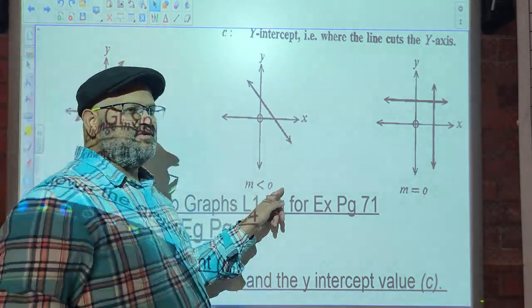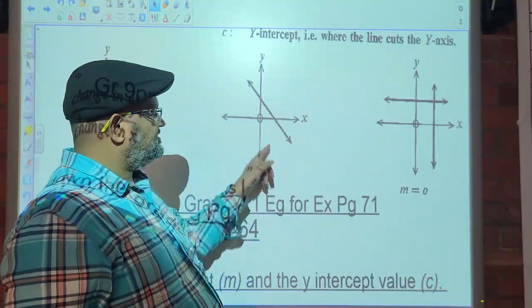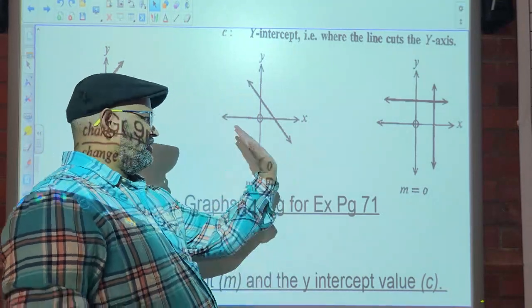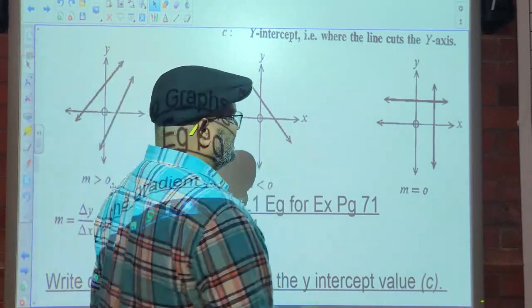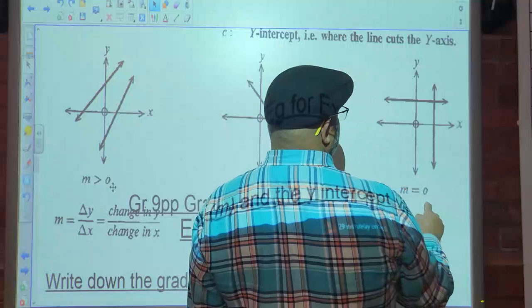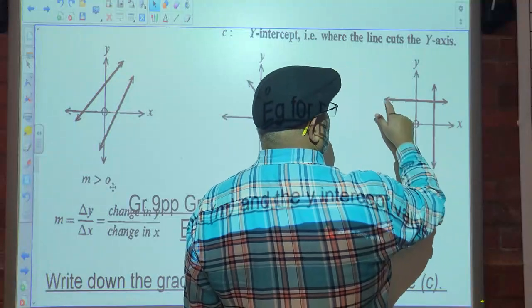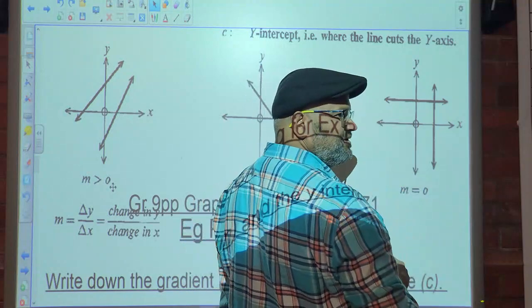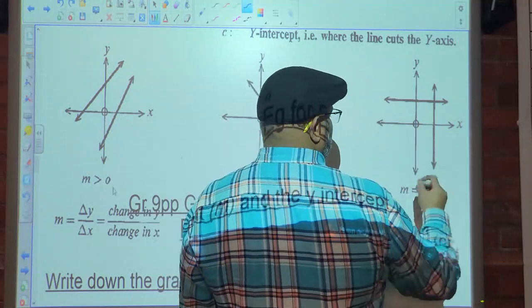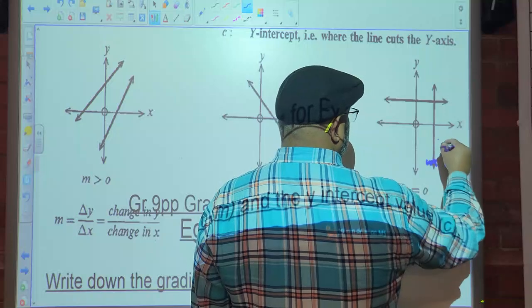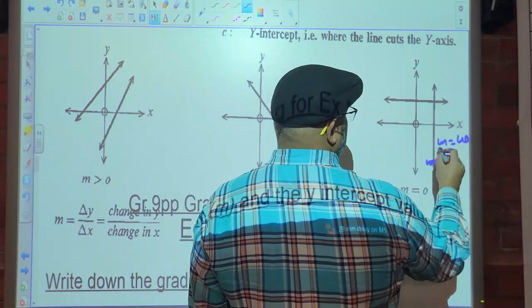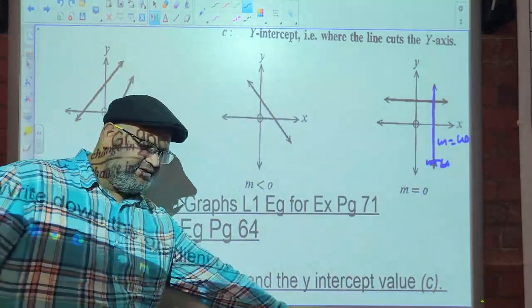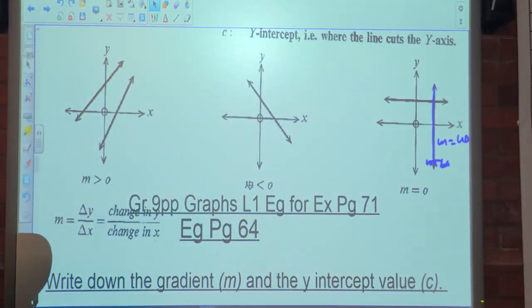If the gradient is less than 0, the graph is decreasing, or the graph will lie to the left. If the gradient is equal to 0, it will be a horizontal line. The line will be parallel to your x-axis. If your gradient is undefined, then your graph will look like that. But we'll speak about that again in later calculations.